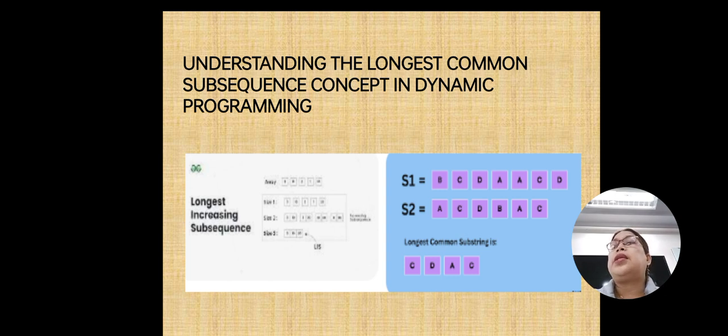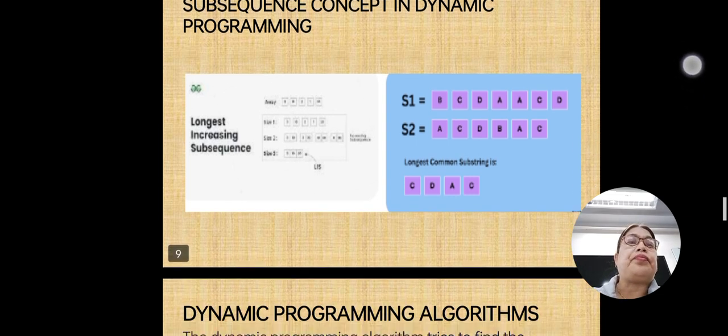It is different from the challenge of finding the longest common substring. The components of the LCS do not need to occupy consecutive locations within the original sequence to be considered part of the problem.